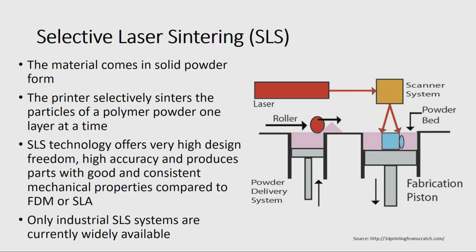Initially the piston in the reservoir will be at the bottom, and the full material will be stored in the reservoir, and the fabrication in the build volume will be at the top side. The roller here will move from the left side to the right side.